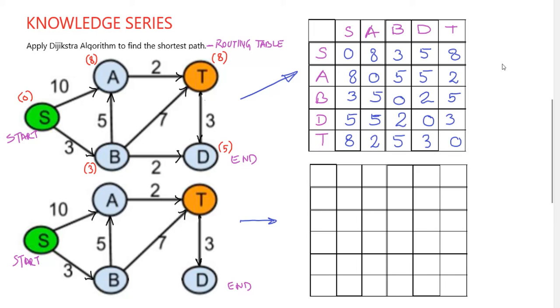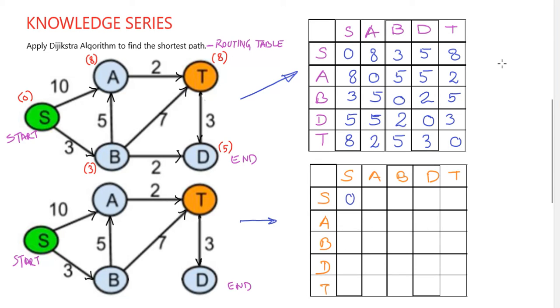We are writing here S, A, B, D and T, here S, A, B, D, T. Now we will try to see how it is going. Now S to S is 0. S to S is again 0. Let us put it here as 0.